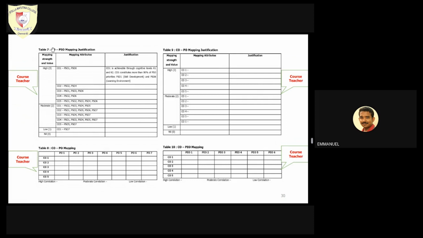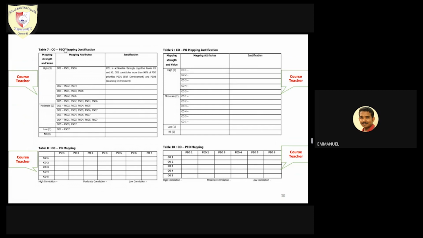We need to give justification for such mapping. In the previous slide, there was a mapping of CO with PSO. The experts gave their opinion on how course outcome 1 matched with program specific outcome 1, similarly program specific outcome 2, program specific outcome 3, and so on.